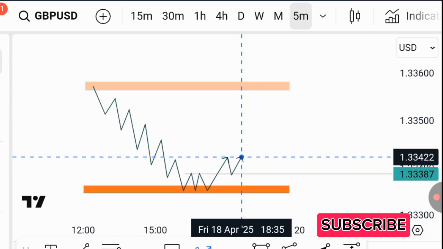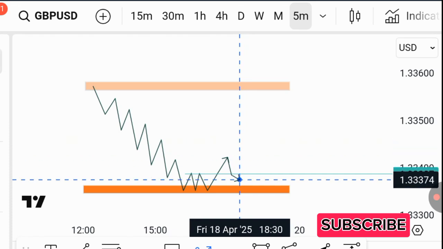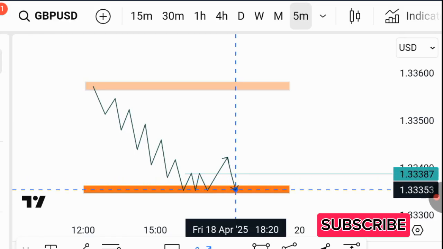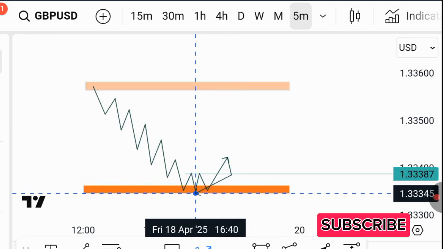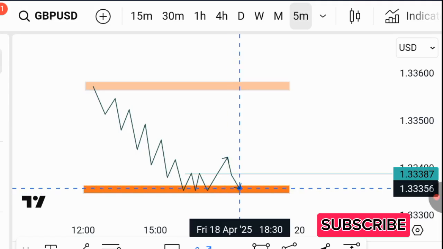In the market, you're likely going to become the liquidity, because it is almost impossible. Let me not use the word impossible. Most times price would not respect this level here. Price will eventually come down again to this area here, to this very support or our demand area.